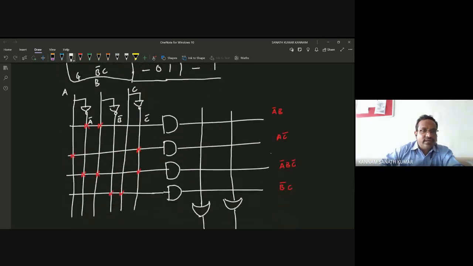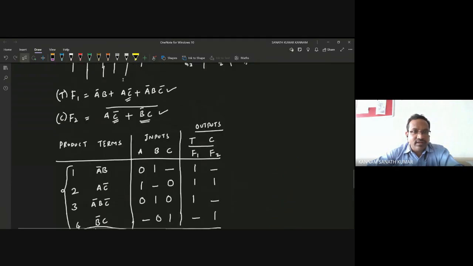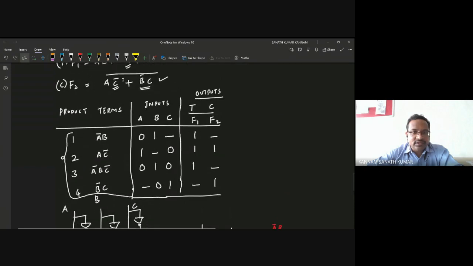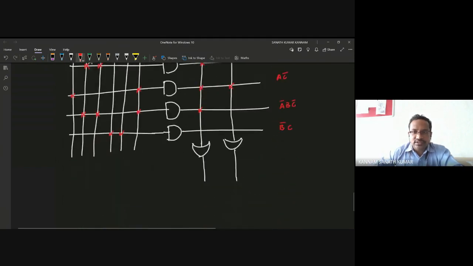So you can make the program: you can make the cross mark over the first three product terms. And coming to the complemented form, AC bar is there. That means the second product term, AC bar, and the fourth product term, B bar C, is there.